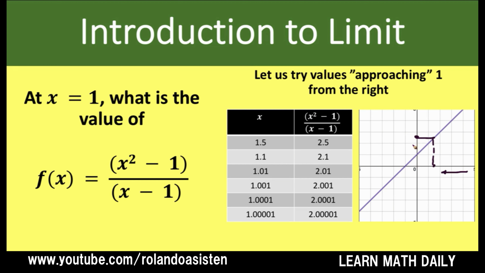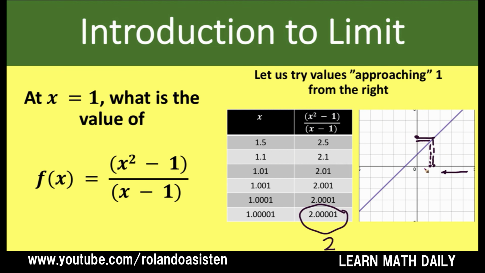If x is 1.1, that is, we are now closer to 1 at this point, the y value is 2.1. And then we go even closer to 1. At 1.01, the y value is 2.02. And at 1.00001, the y value is 2.00001. So this value is now very, very close to 2.